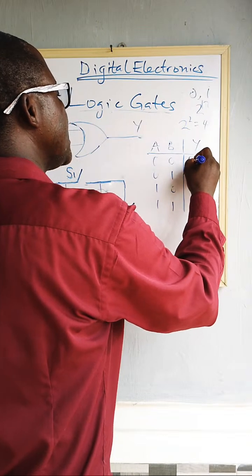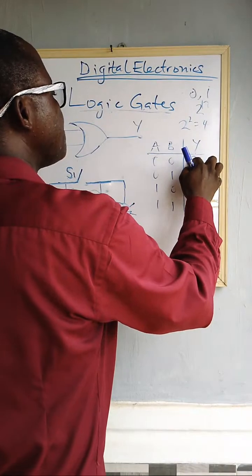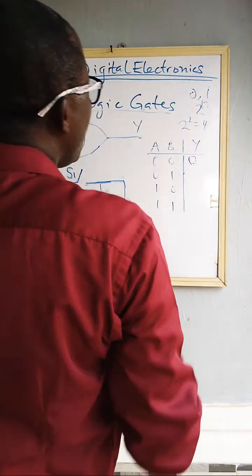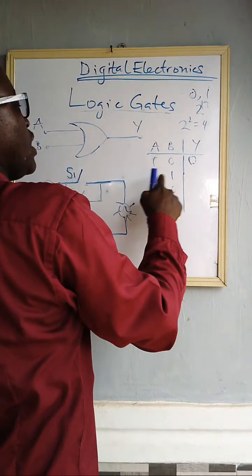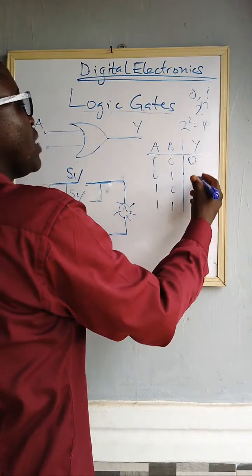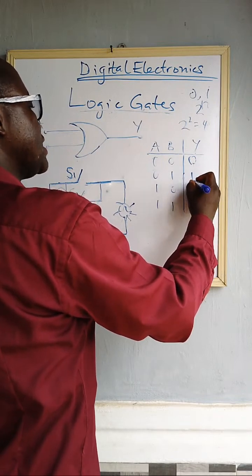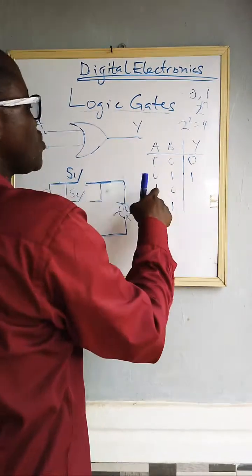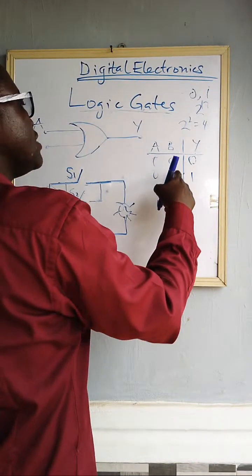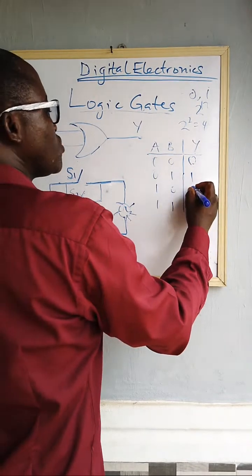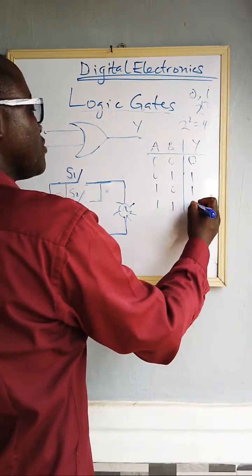When the first switch S1 is turned off and the second one is turned on, then we are going to have an output. When switch S1, that is A, is turned on and S2 is turned off, 0, we are still going to have an output. Likewise, if both of them are turned on, we are going to have an output.